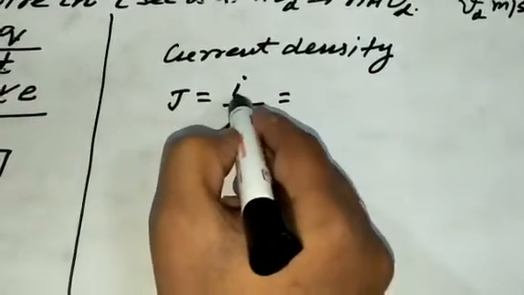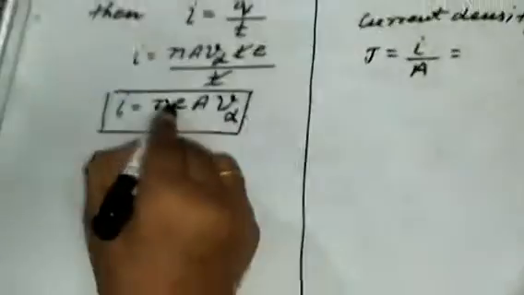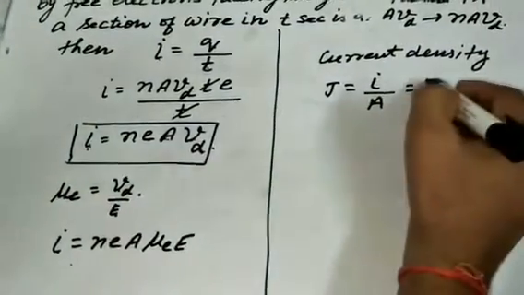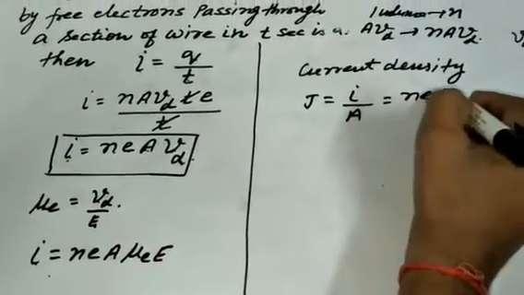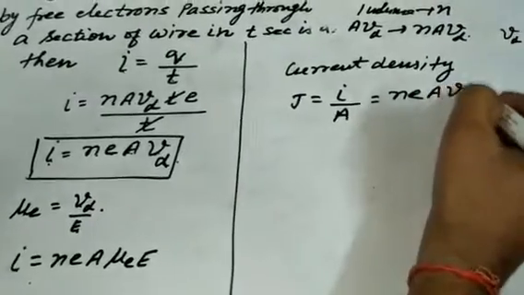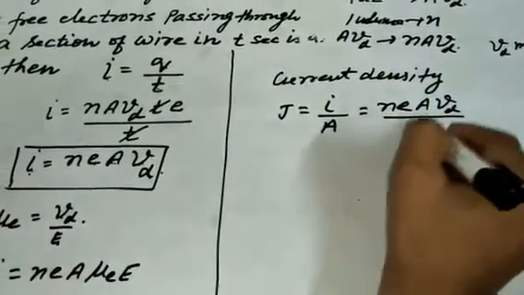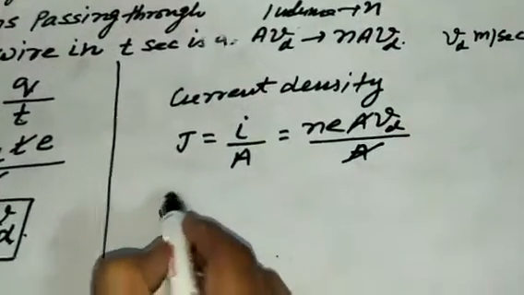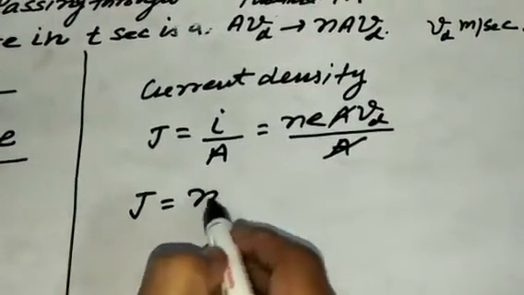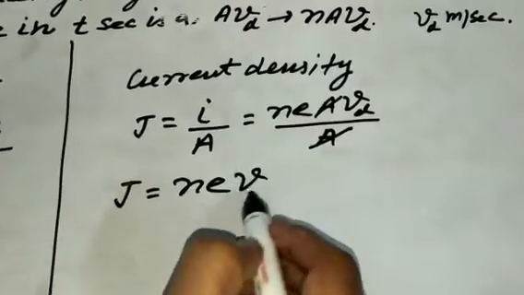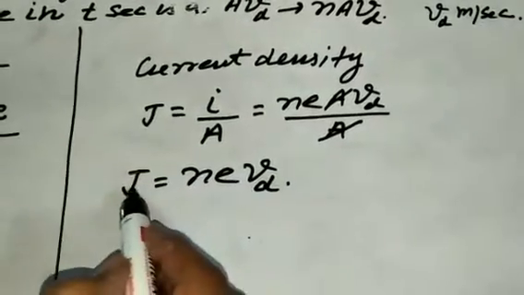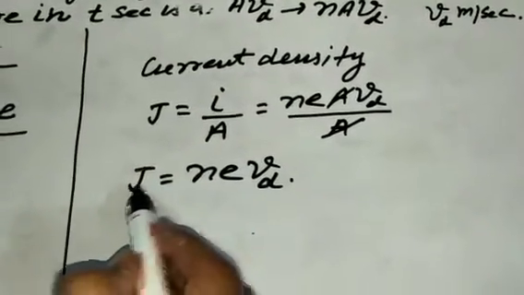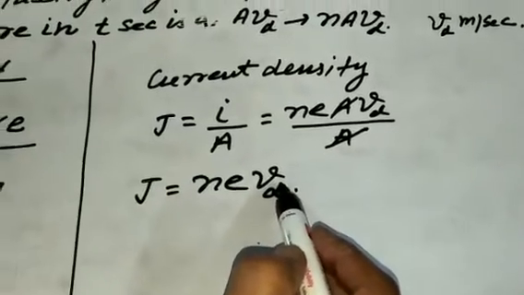In place of I we can write neAVd, so neAVd upon A. Now A is cancelled by A and we can write current density J is equal to neVd. This is the relation between the current density and the drift velocity of the electron.